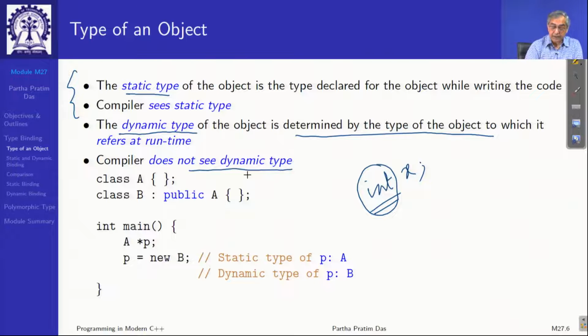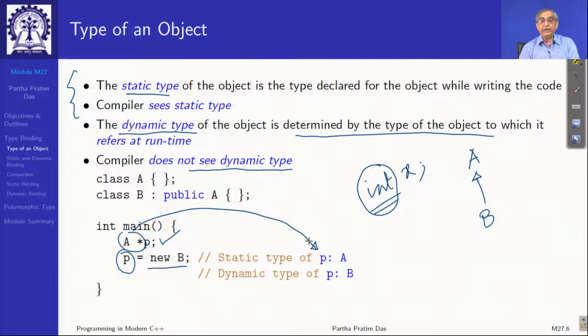There are two classes, A and B, where B is derived from A, a specialization of that. I have a pointer P of type A star and I am doing new B, that is, constructing an object of the B class type. So, if I think of the type of P, it is declared as A star.